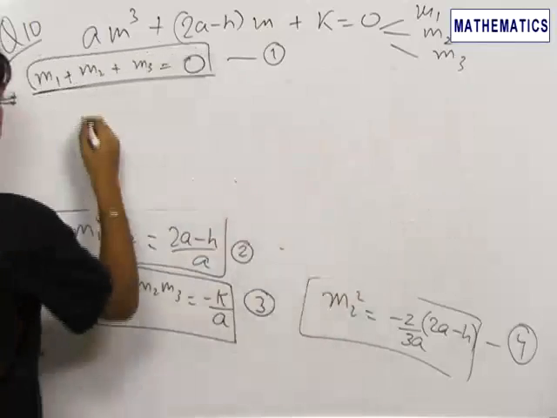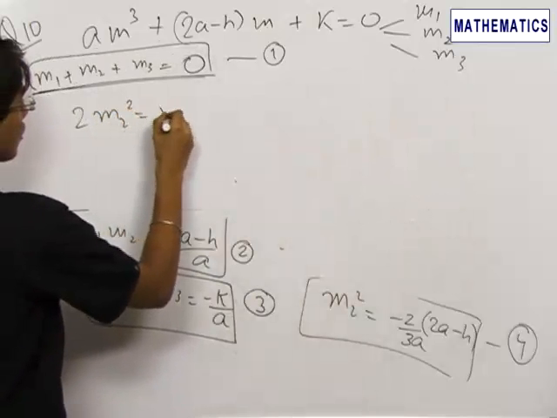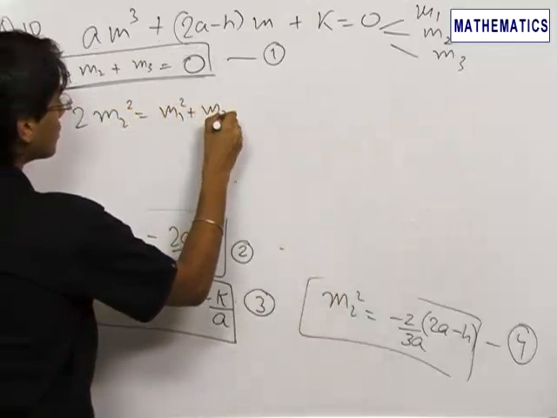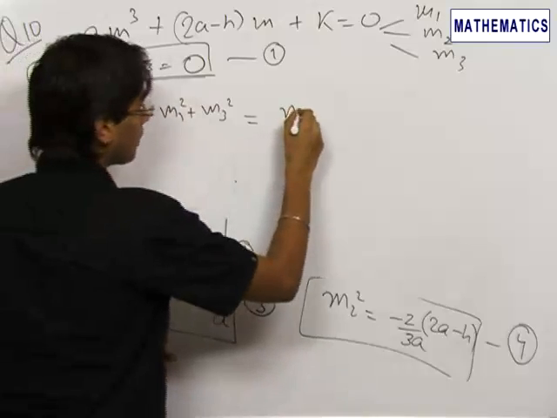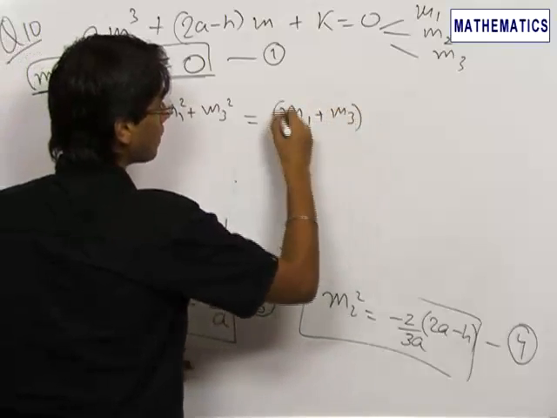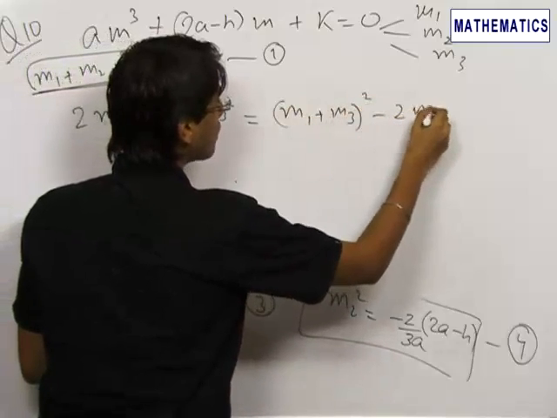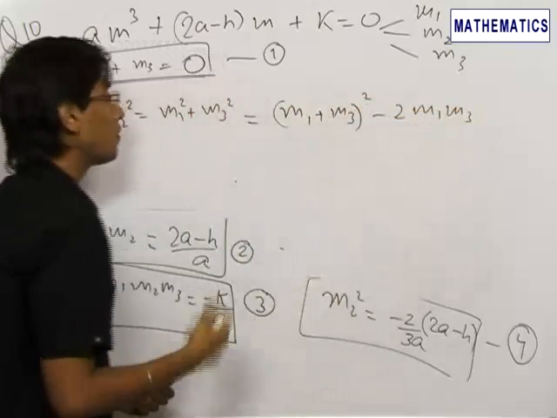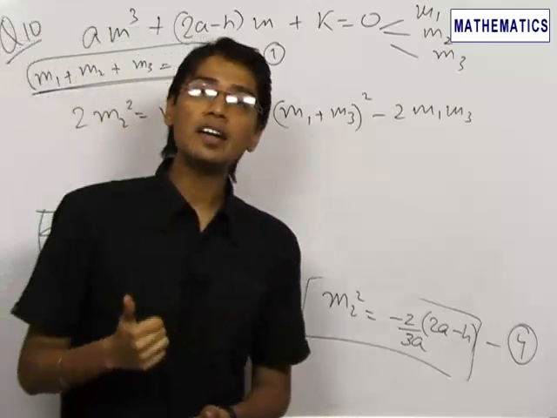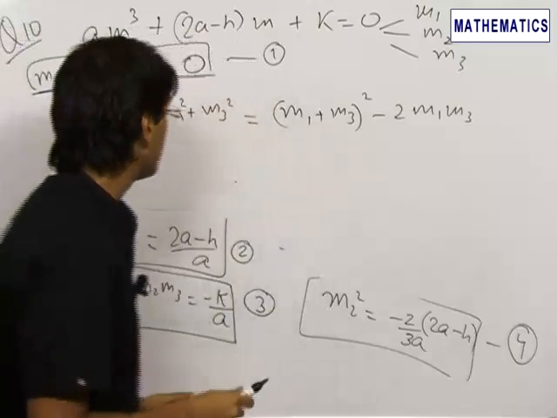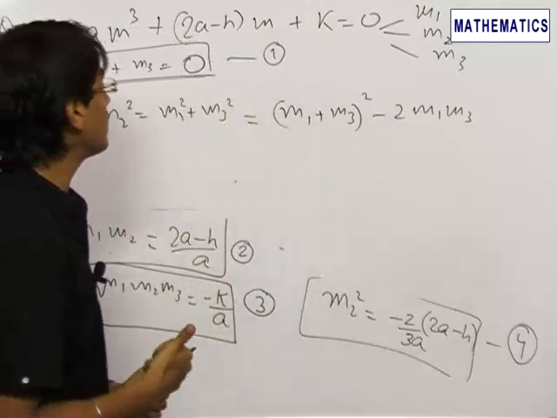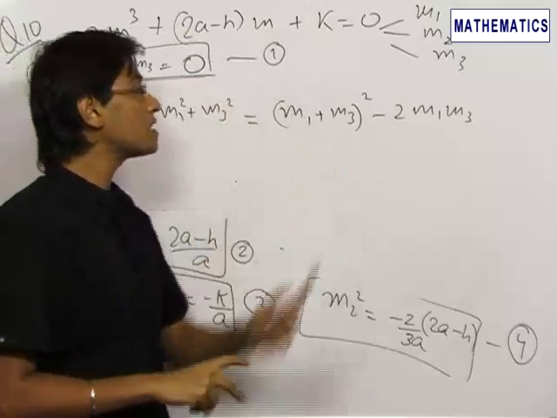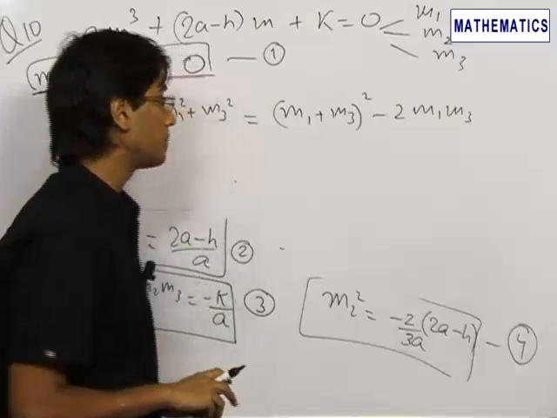Also we have 2m2 square is equal to m1 square plus m3 square. This we can again write as m1 plus m3 whole square minus 2m1 m3. Previously we added m2 square both sides to make m1 square plus m2 square plus m3 square, and now we are converting this into m1 plus m3 whole square minus 2m1 m3.